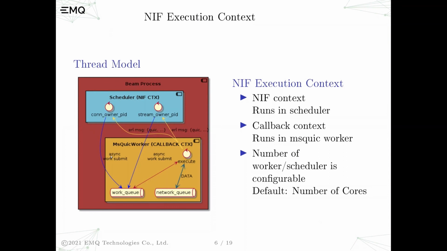Yes, and also with this model, I think we are very safe because most of the network stuff is handled in the MsQuic worker, and we only need to be very careful about the callback context, or the callback function actually.